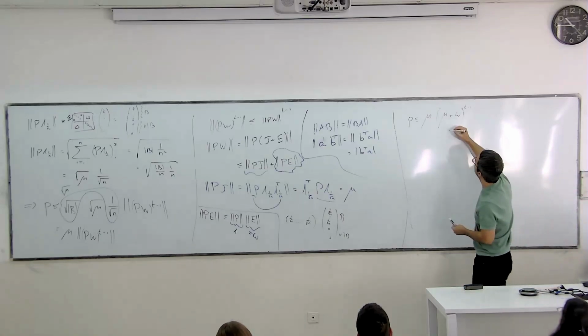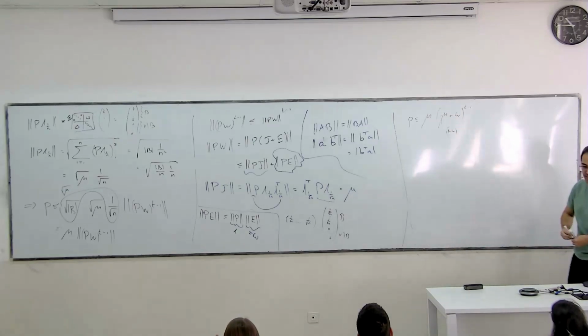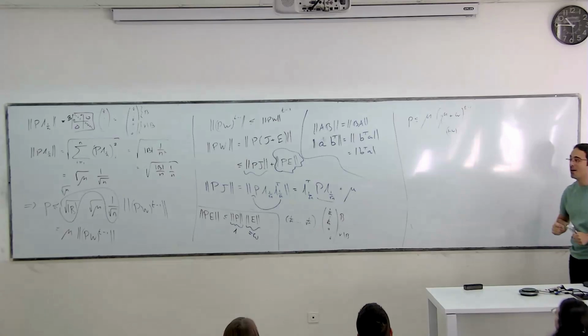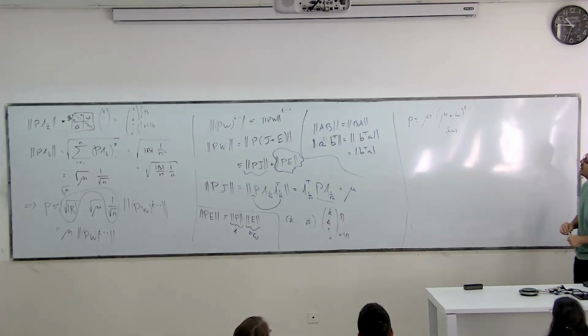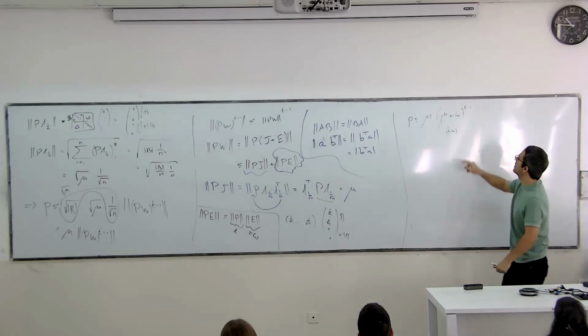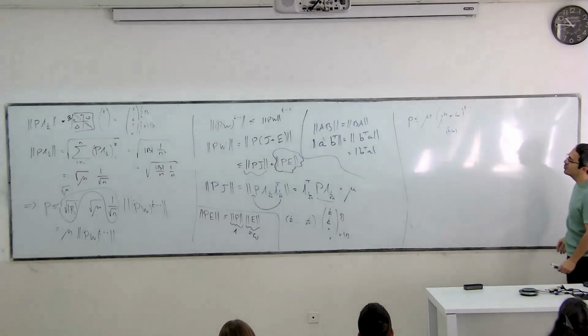You can also slightly improve that and put a 1 minus omega here, but it doesn't really matter. It's a slightly better bound. It's not weird; it's still larger than mu to the t, because it's a convex combination between mu and 1.